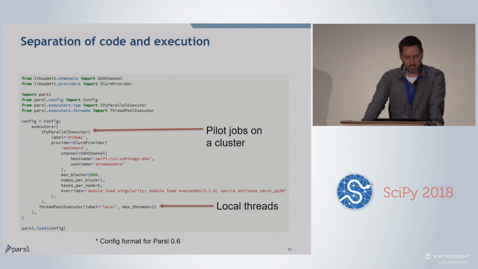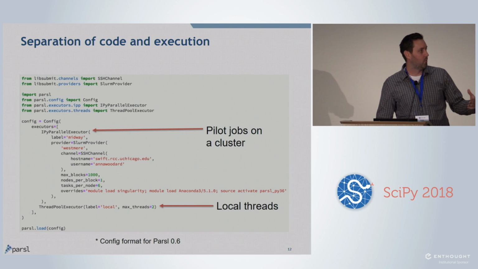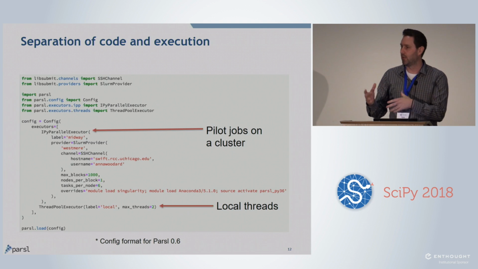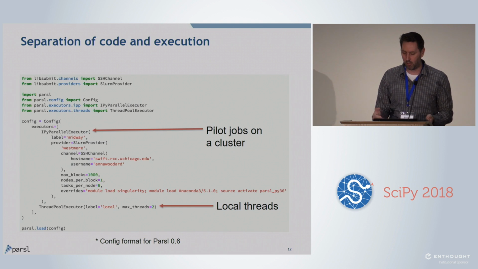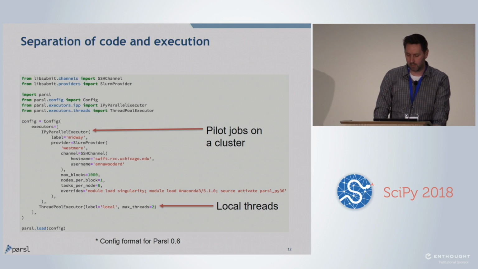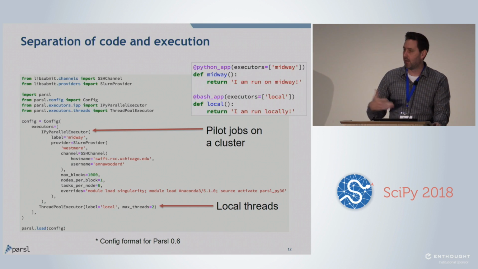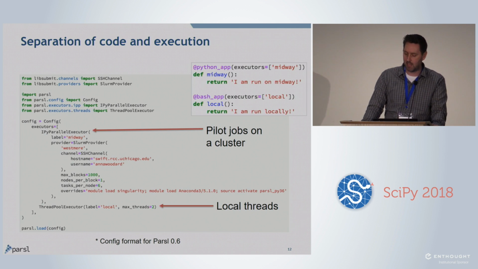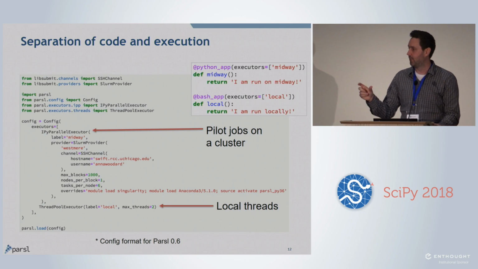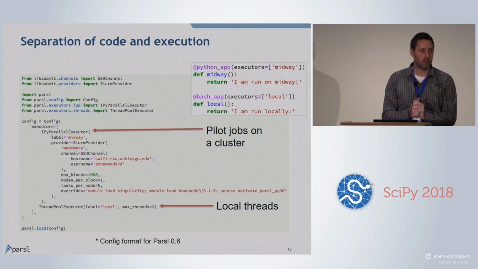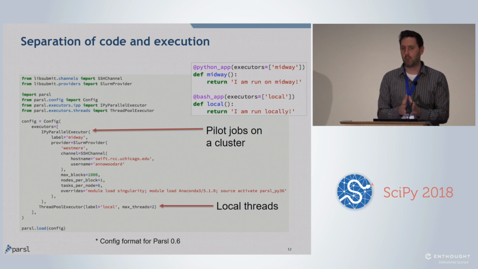And then the second executor is just a thread-based executor where we're provisioning some threads locally for smaller tasks that we can execute locally, and we just say we want a couple of threads for that. When it comes to defining the mapping between your apps and those resources, you can annotate on the app definition what resources you might be interested in running those things on. You can say everything, you can say nothing.